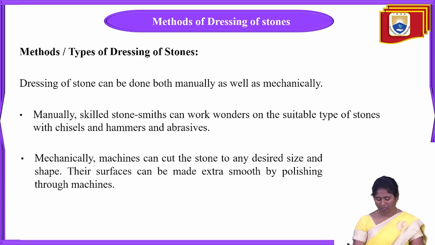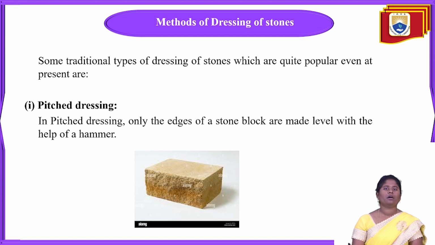Next, here there are different types of dressing of stones. In that, the first one is pitched dressing. What is meant by pitched dressing is that only the edges of the stone block will be leveled with the help of a hammer. By using the hammer, after taking the stone, we cut that stone into a required shape.